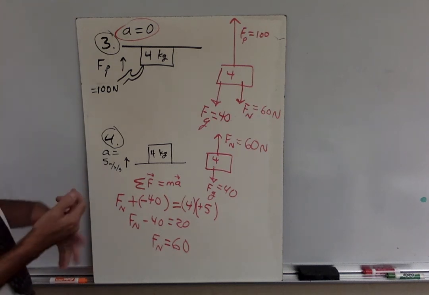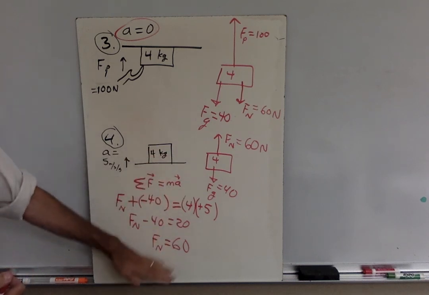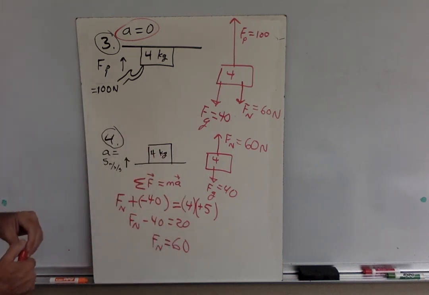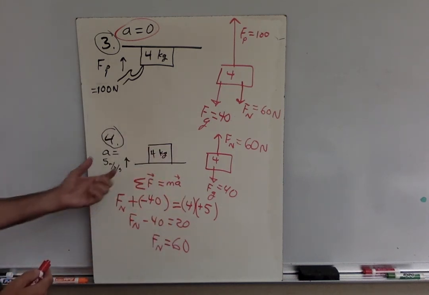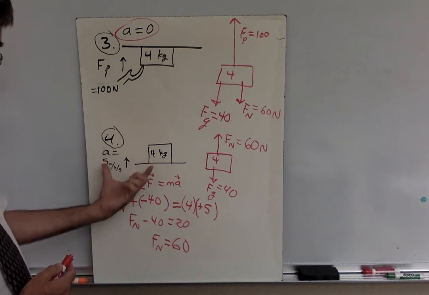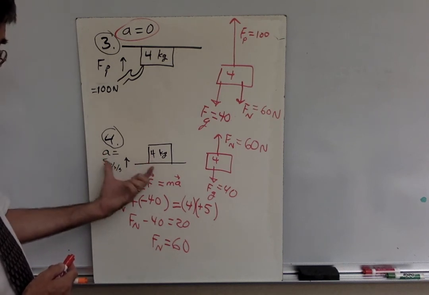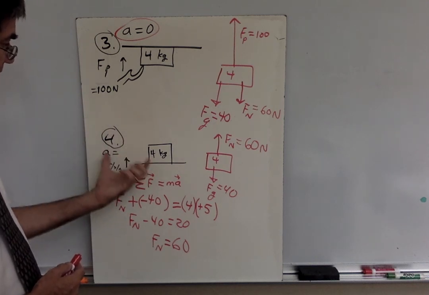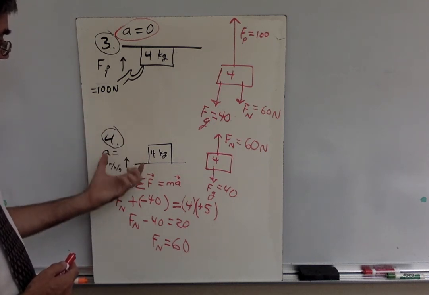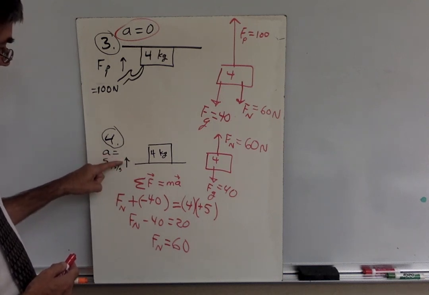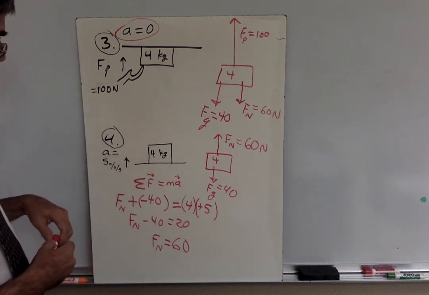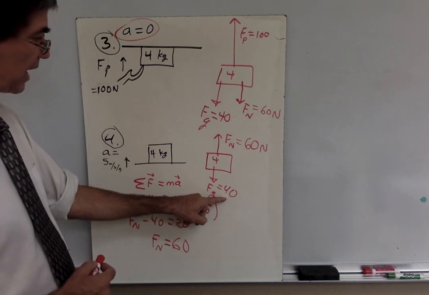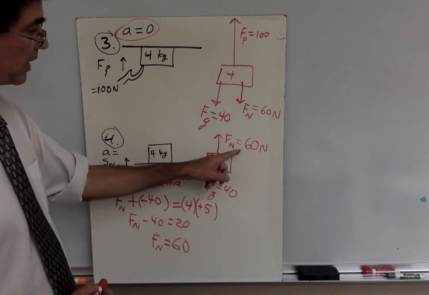Okay, it's possible to reason this out. So that's the way you would program a computer to do it. But it's perfectly okay to think, okay, let's see, my M times my A is 4 times 5. That's 20. So I need 20 extra newtons to make that happen. I need 20 newtons more in that direction than in the other direction. Okay, I've got 40 newtons down, so I need 20 newtons more than that up. I need 60 newtons.